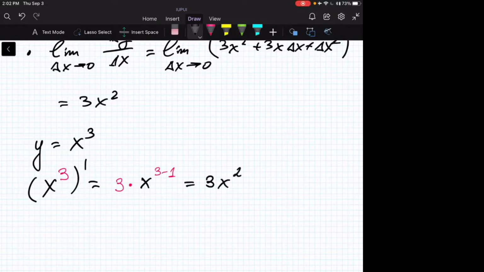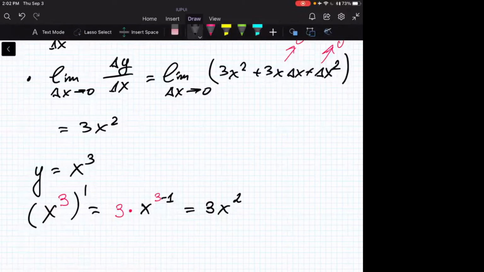And that gives me 3x squared. And that's how you can remember that. So when we differentiate, we decrease our power by 1 and put the initial power in front of our function.